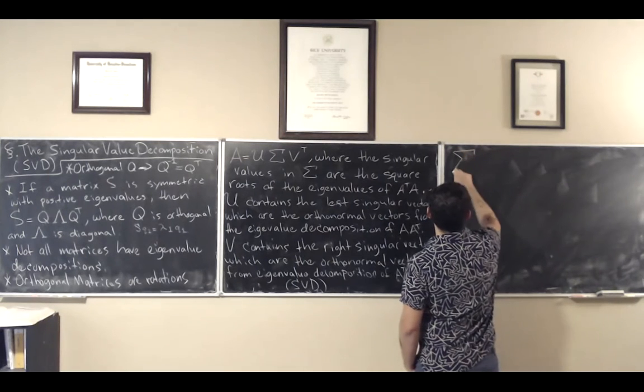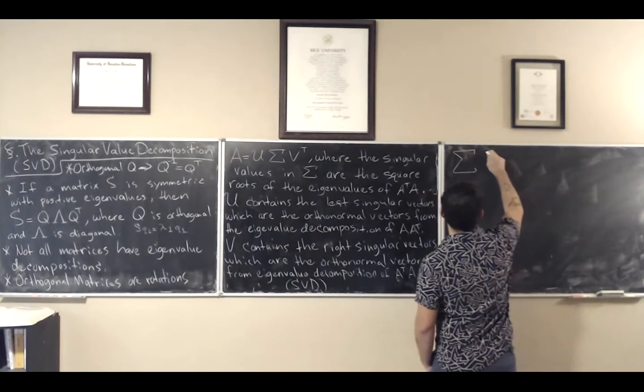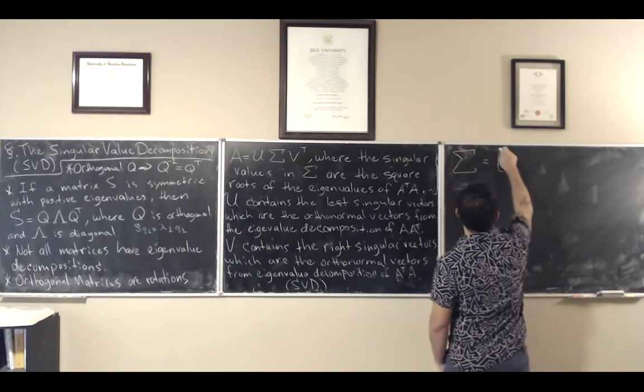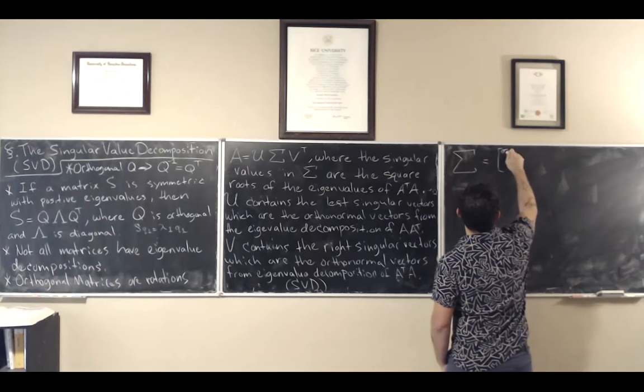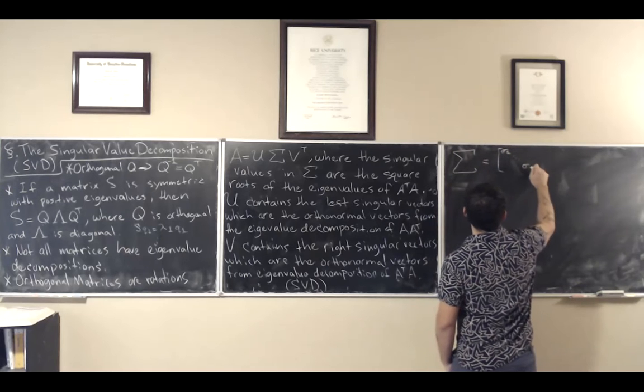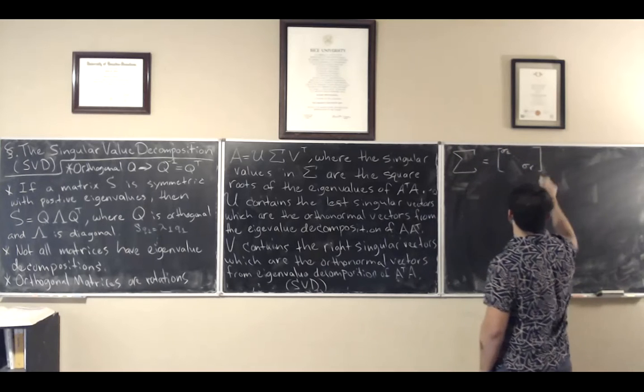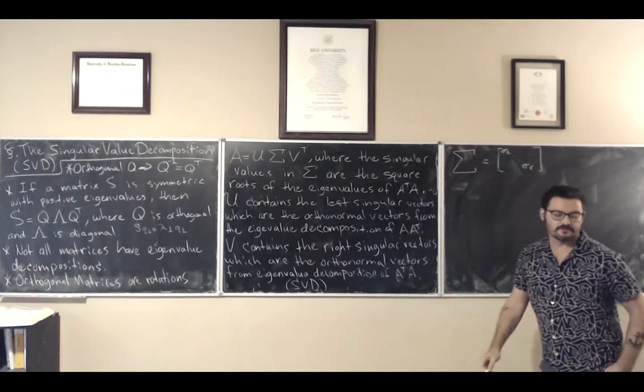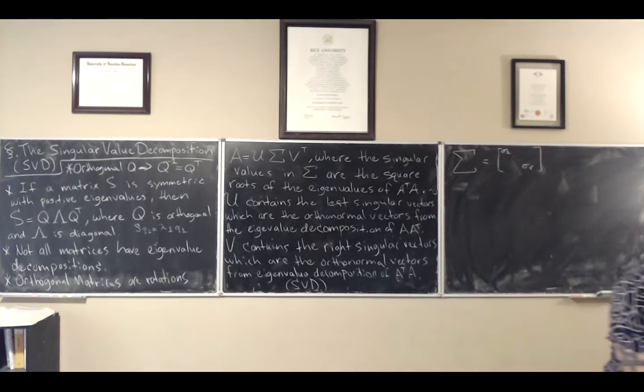First off, the singular values, sigma 1 through sigma r. And again, r is the rank of the matrix. It's the number of linearly independent columns. Let me make sure about something real fast. Yeah, it's fine.